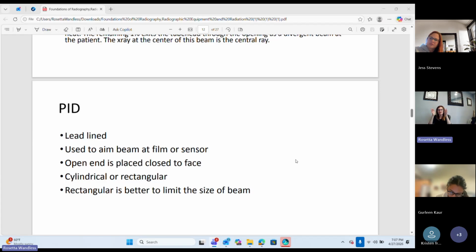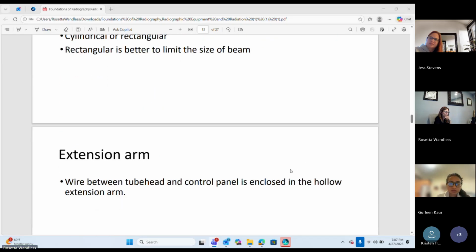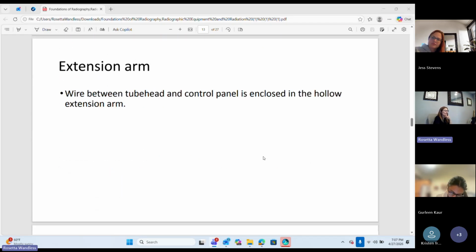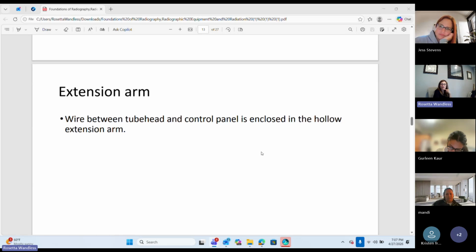So they figure if our beam is rectangular, there'll be less exposure outside. Does that make sense? It's just minimizing the exposure. And of course, we want to minimize exposure on patients. It is not mandatory though. That is the PID, the position indicating device.